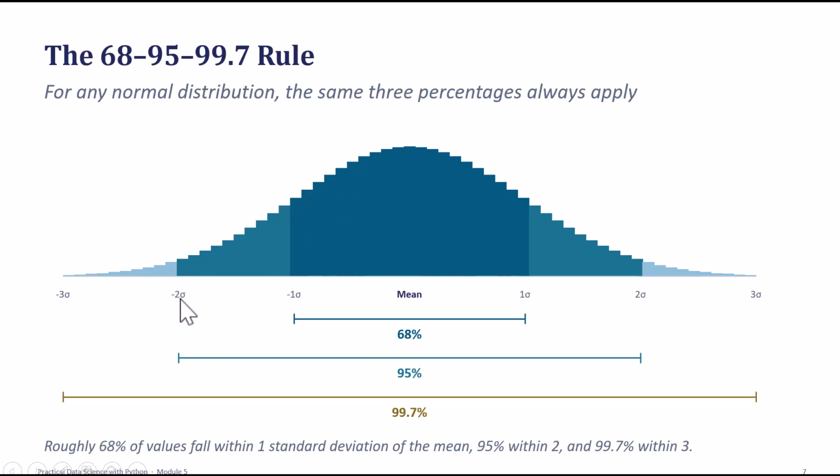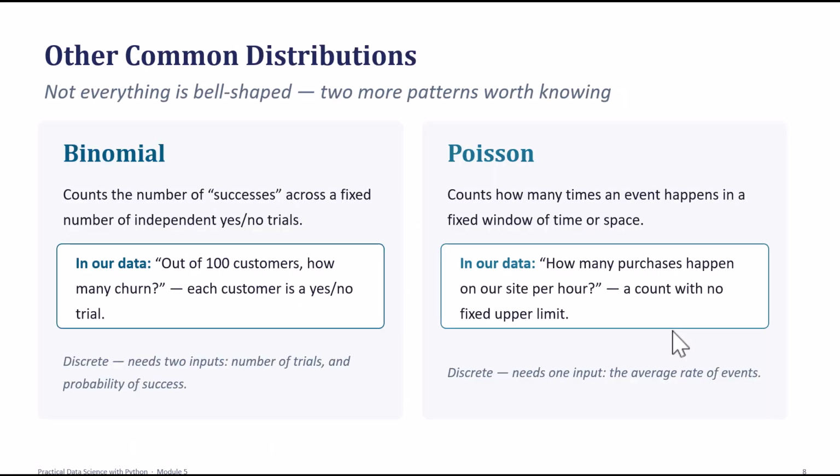A lower bound of -2 and upper bound of 2 gives you 95%, and the same thing with 3 gives you 99.7%. So for the normal distribution, the same percentages always apply: roughly 68% of values fall within one standard deviation of the mean, and 95% fall within two, and so on.